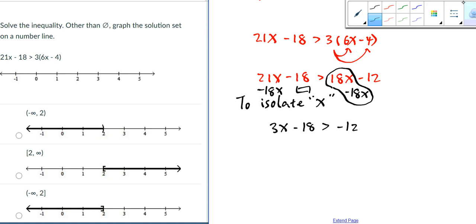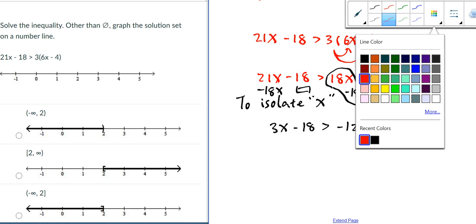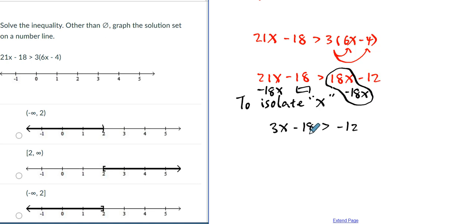Then what we do is take the constant negative 18 to the right. So you do plus 18. So these two will be cancelled.